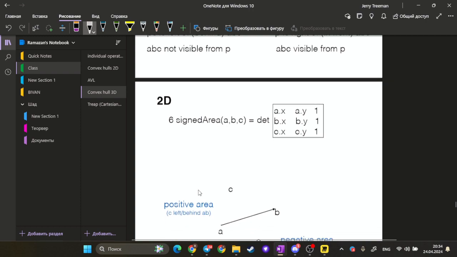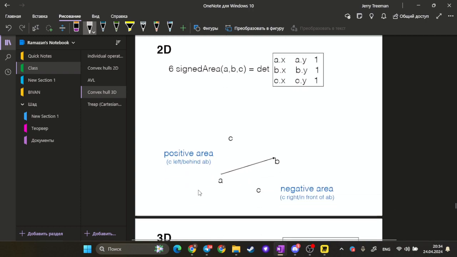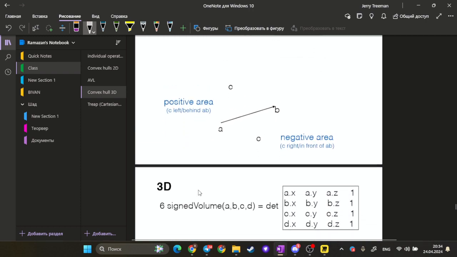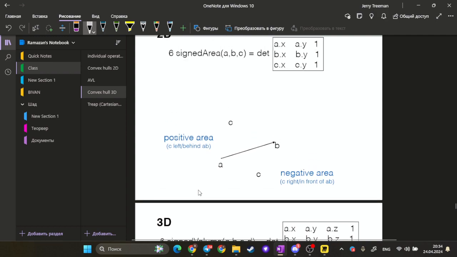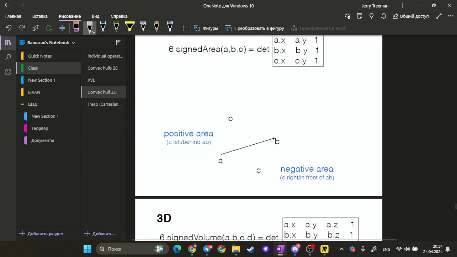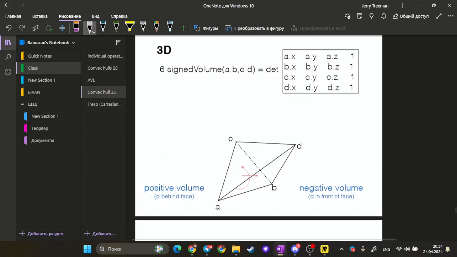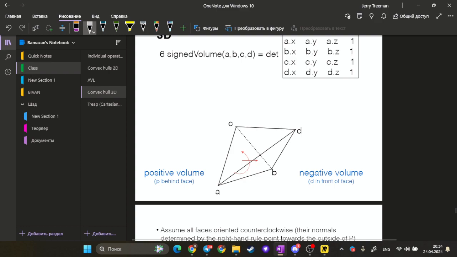I think we do the same thing in this space. So we need to define the half space. Okay, and then we would what?